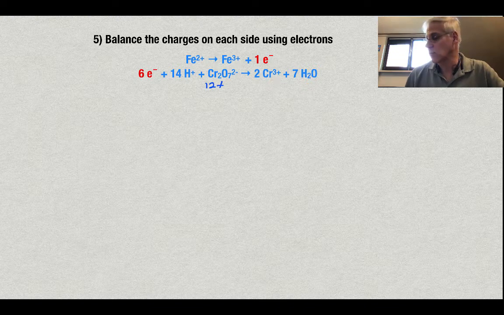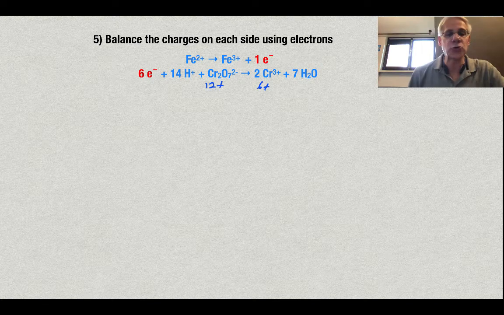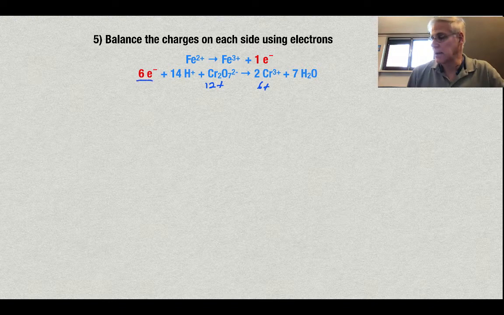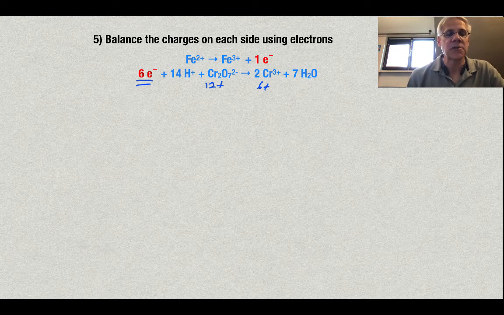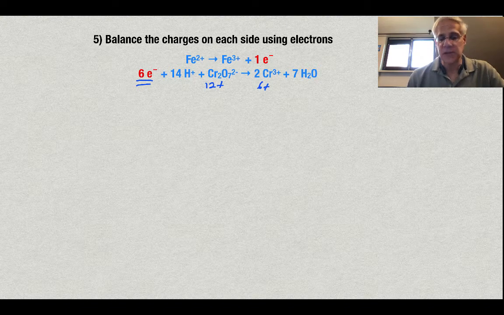So that has a total of 6 pluses. So I have to bring down my higher number of pluses by adding some minuses. And so I need to add 6 electrons to that reactant side to equal out the charge. So my total amount of charge on the reactant side would be 6 pluses, and on the product side, also 6 pluses.